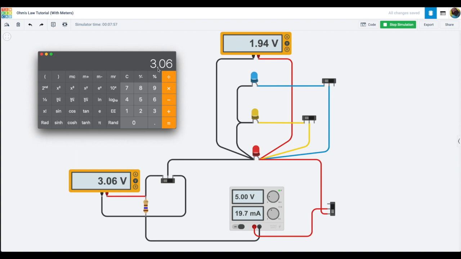So you take that 3.06, square it, and then divide by the resistance, which is 150 ohms. That means that resistor is pulling 0.06 watts, or 6 milliwatts of power.